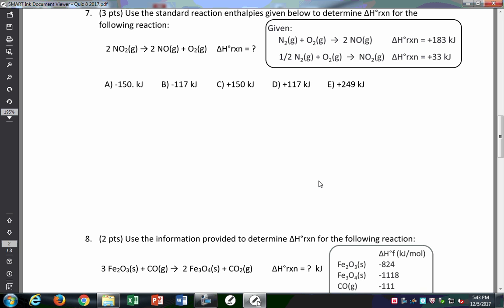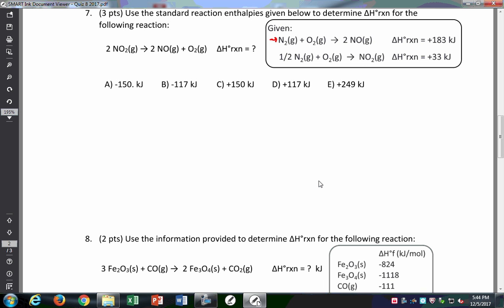So, what we can do here, let's look at the reaction. Let's start with NO2. NO2 is our reactant. Actually, let's start with this one. In our reaction we have NO, and we have 2 moles of it in the product side.